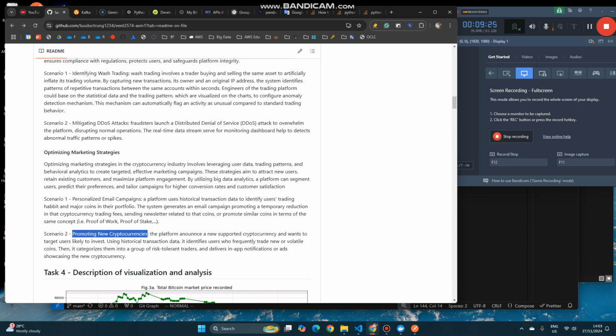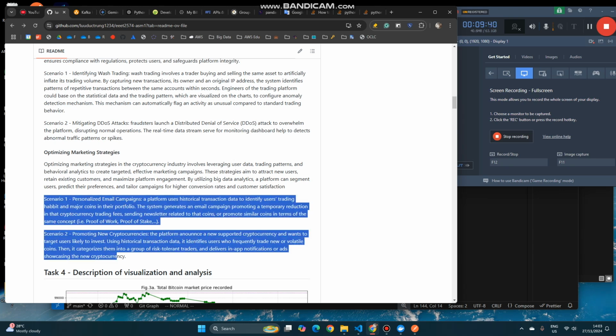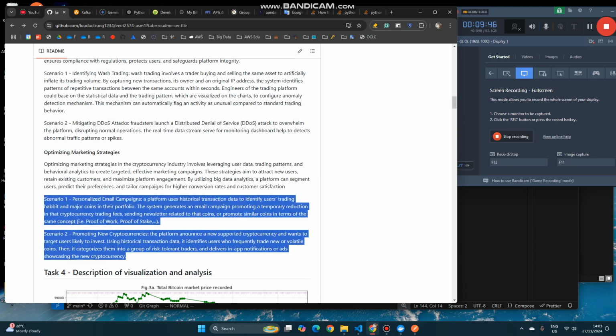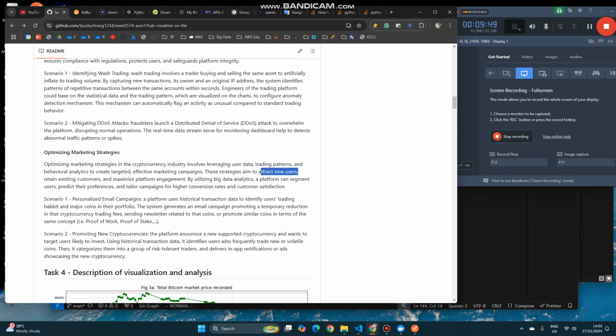So we can build the in-app notification or the advertisement and send the information about the new cryptocurrency to those users. Okay. So with those two use cases, with the data applied to those use cases, we can attract the new user, retain the existing user, and maximize the platform engagement.